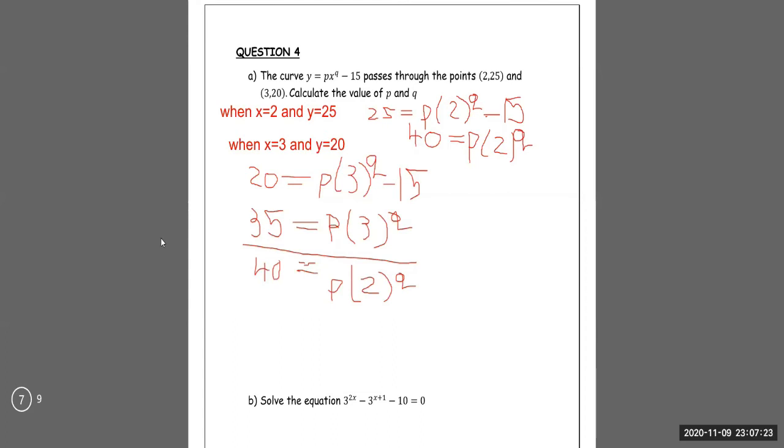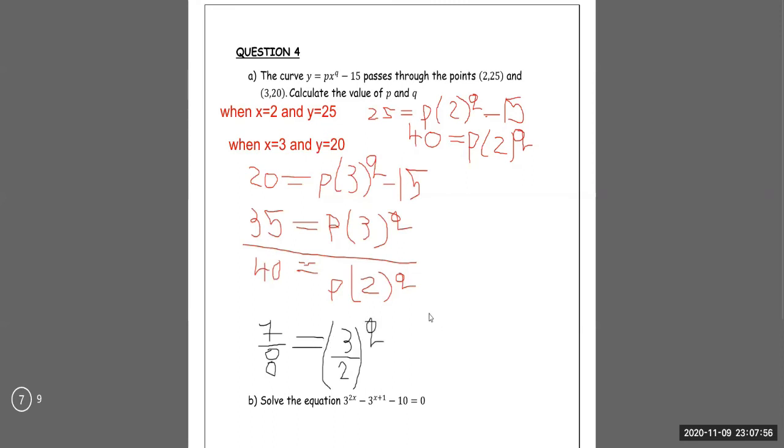And 35 over 40, I'm just going to simplify to 7 over 8. So you get 3 over 2 raised to the power of q is equal to 7 over 8. Exactly, beautiful.